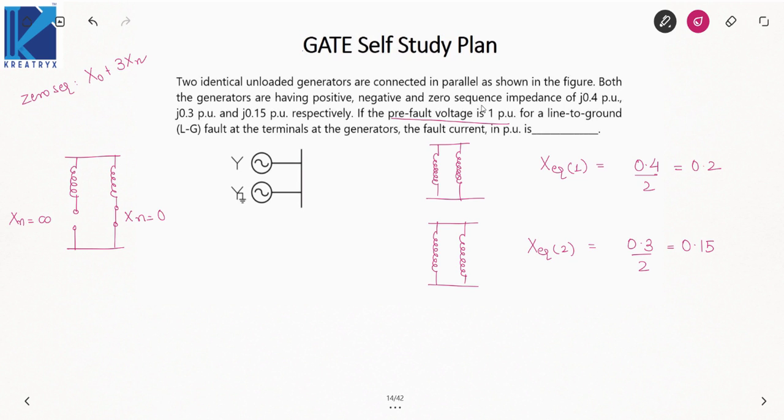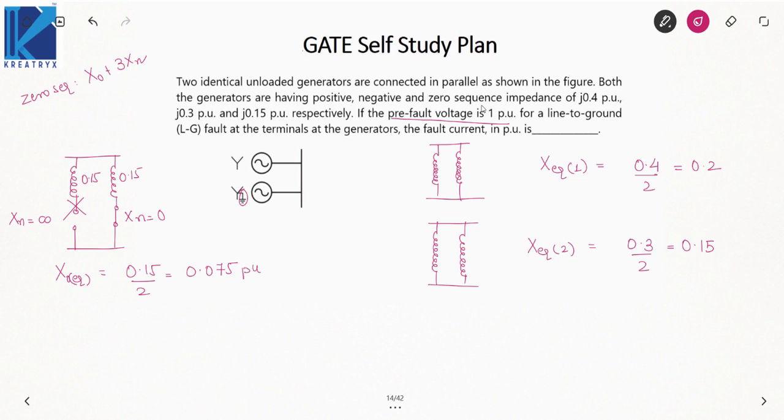For second generator it is 0 because it is grounded. Okay. Then it is 0.15, 0.15. Due to open circuiting, the first branch is unused, which means the zero equivalent impedance would be 0.15 by 2, 0.075. Once you have got all the three reactances, then you will consider the nature of the fault.